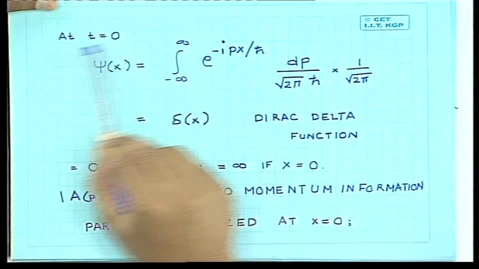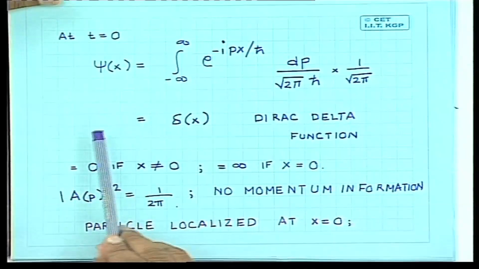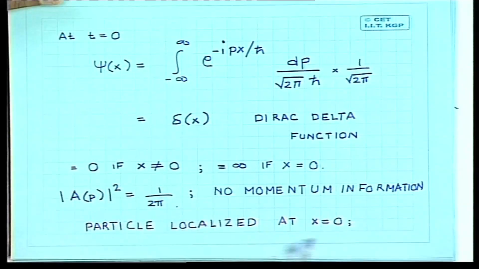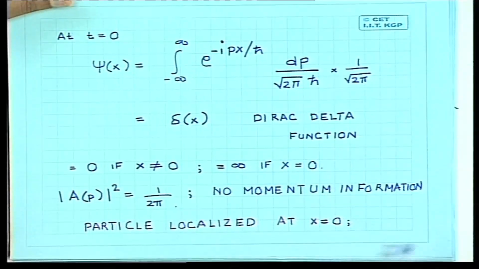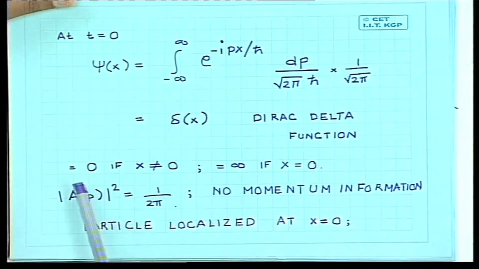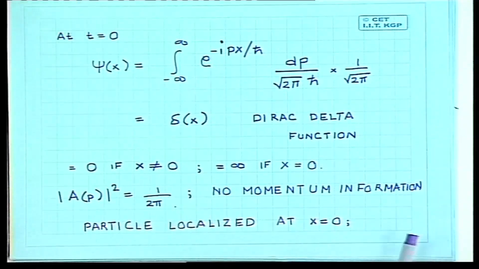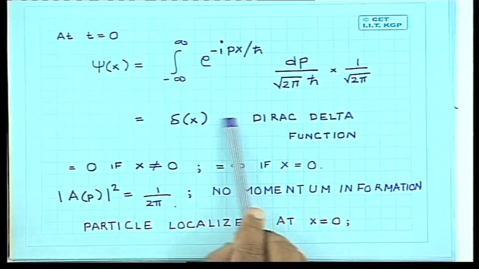This then gives us the wave function to be a Dirac delta function. What is a Dirac delta function? A Dirac delta function is a function which is 0 if the argument is not equal to 0, and it is infinity if the argument is 0.